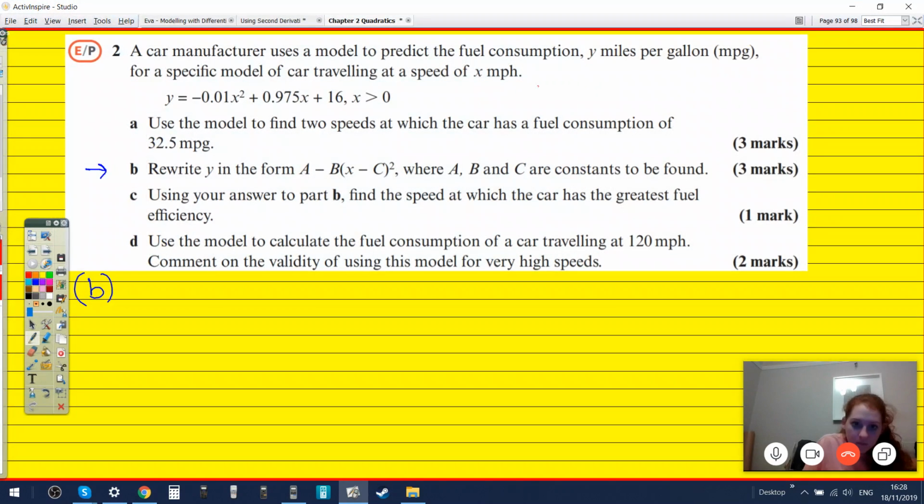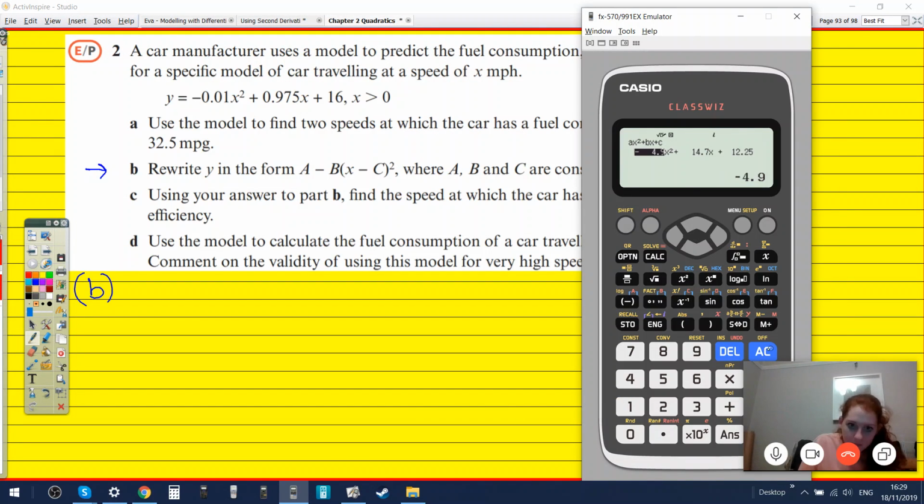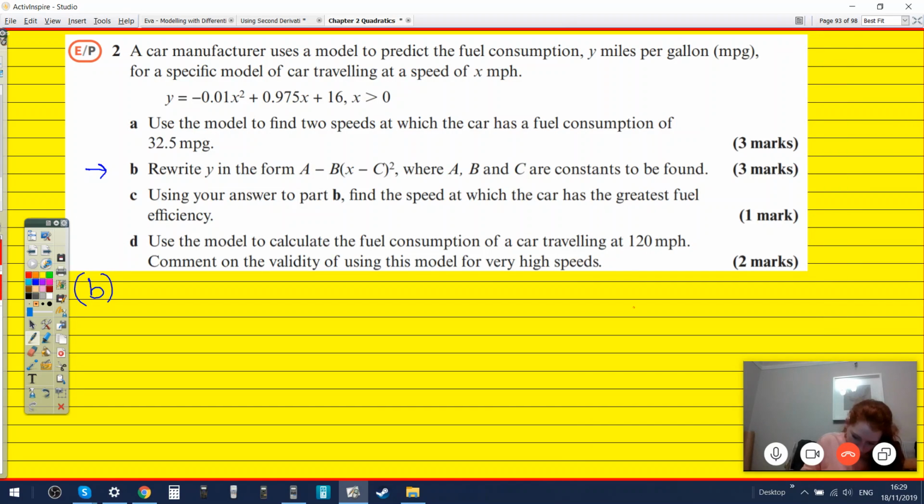Oops, how did I do that? When solving it, I was just messing around with the calculator.